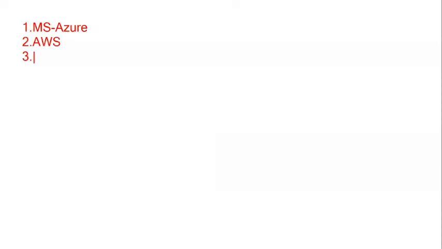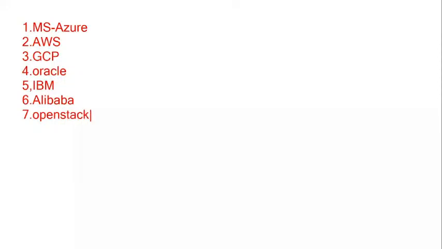Third, Google Cloud, GCP. Fourth, Oracle Cloud. Fifth, IBM Cloud, I can say IBM Bluemix. Sixth, Alibaba. Also we have OpenStack. We have n number of cloud vendors providing cloud computing technology.